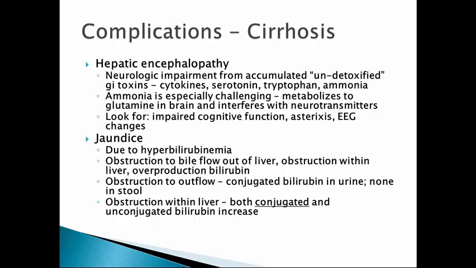The fourth complication that we'll talk about is jaundice. Now, jaundice is due to elevated bilirubin levels in the blood, so hyperbilirubinemia. Jaundice and this hyperbilirubinemia can be due to an obstruction to bile flow out of the liver, an obstruction inside the liver, or overproduction.